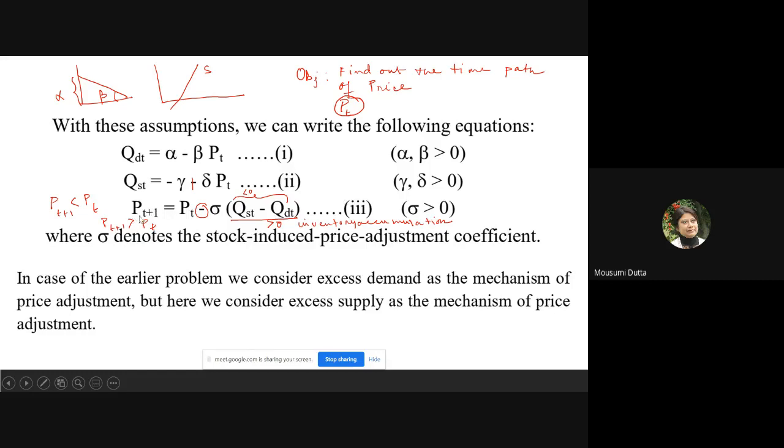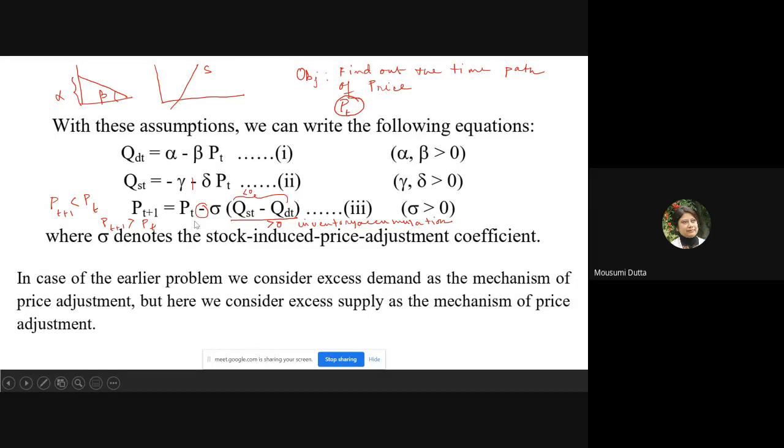We will be able to construct a first order difference equation in P, because there will be one period lag between the two time points.